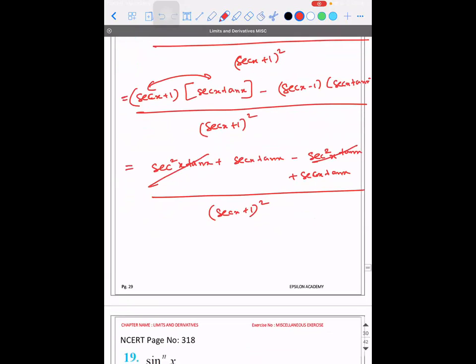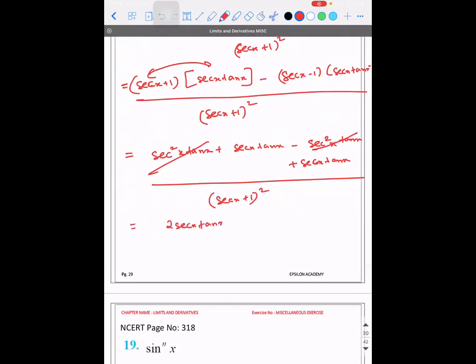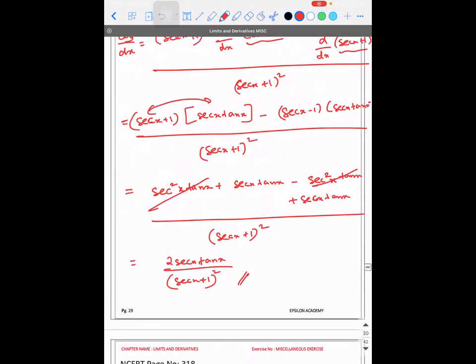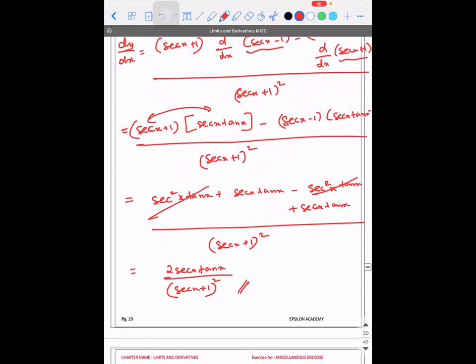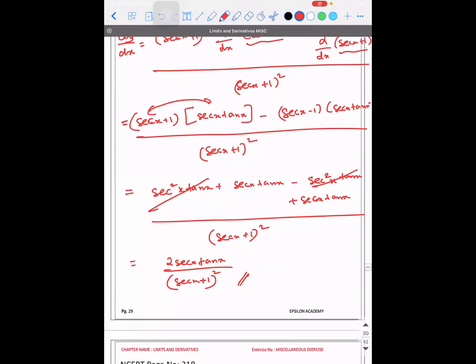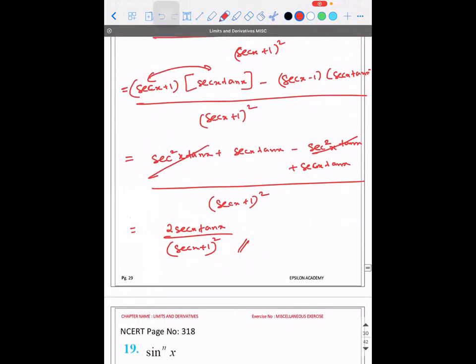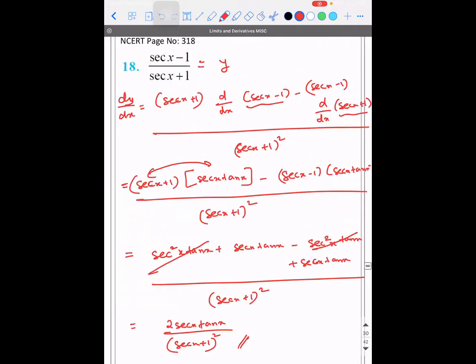So it will be 2 secant x tan x, the whole divided by secant x plus 1, the whole square. Clear? Shall I proceed? Yes, sir.